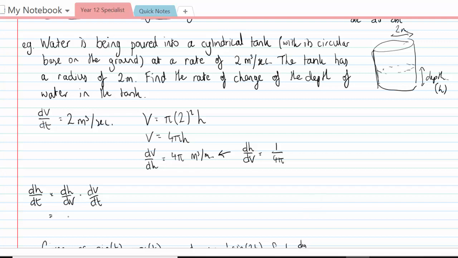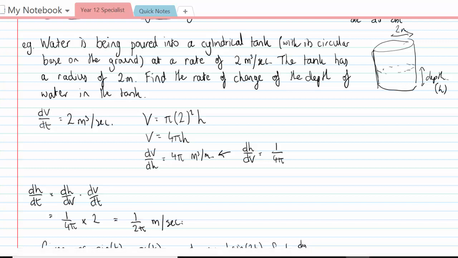And so we have 1 on 4 pi multiplied by 2, which we can simplify to just be 1 over 2 pi. And that's going to be measured in meters per second, because it's height with respect to time.